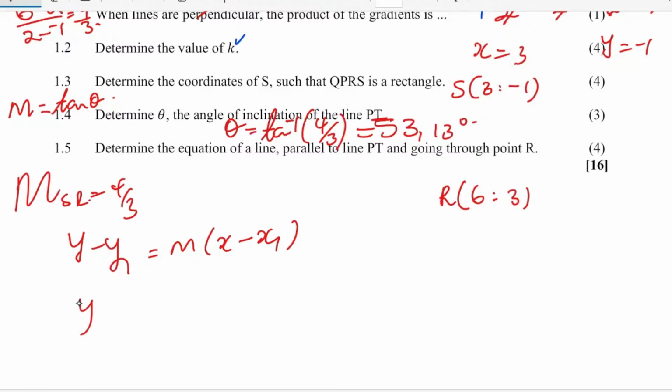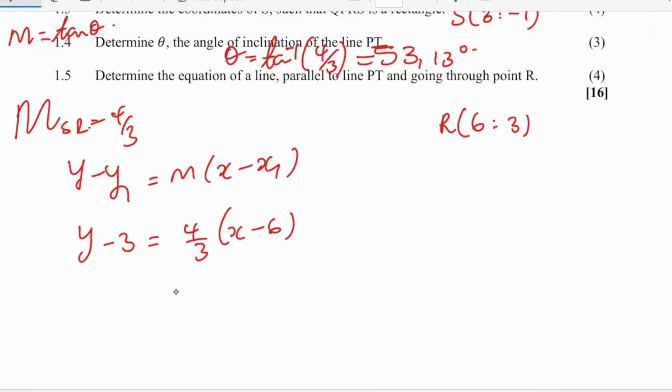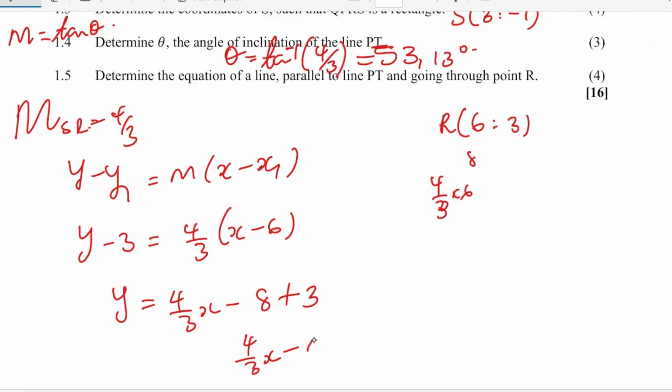Let's substitute: y minus 3 is equal to 4/3 times (x minus 6). Open up: 4/3x minus 4/3 times 6, which is 8. We are plusing a 3, so y equals 4/3x minus 5 becomes the answer of interest.